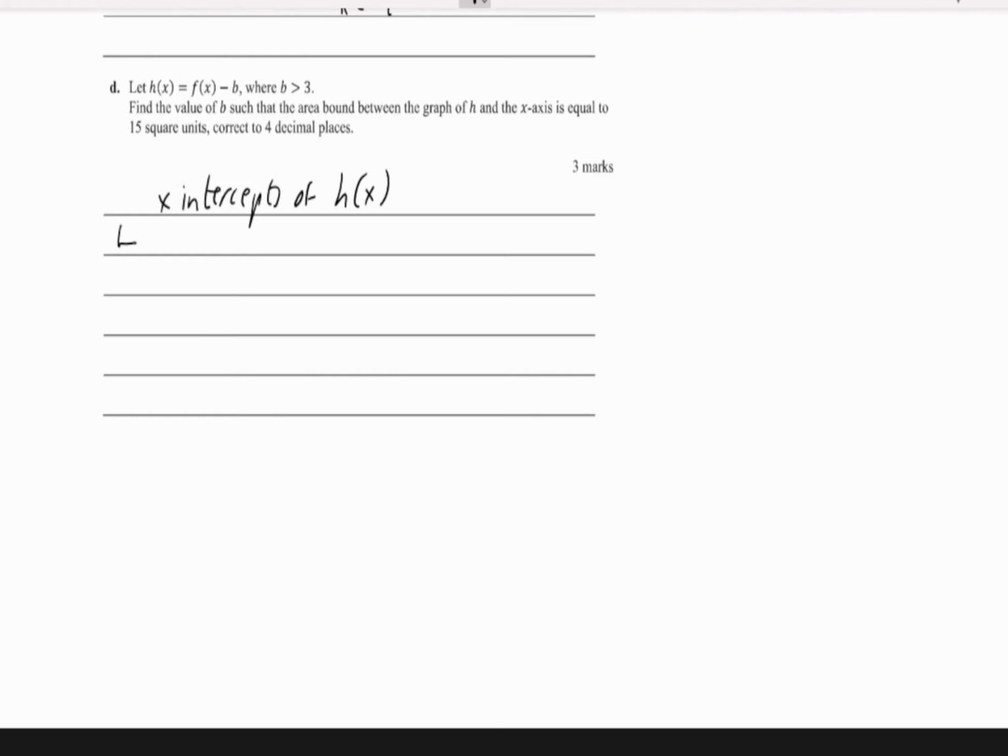And there's 4 of them as well. 9 minus root 30b, minus root 30b, and this.